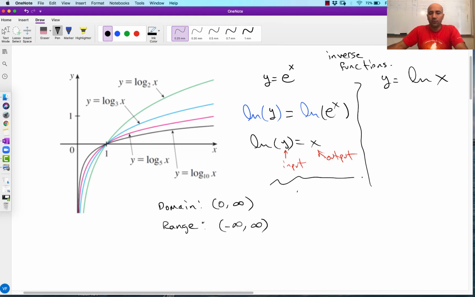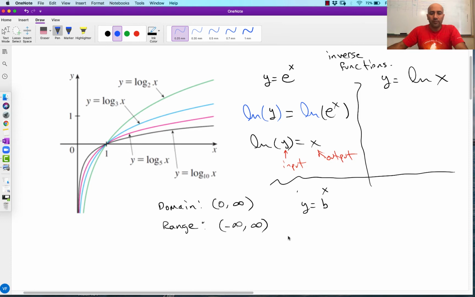More generally, if we had y equals b to the x power, then again we can apply a log, so let's do log base b, to both sides.